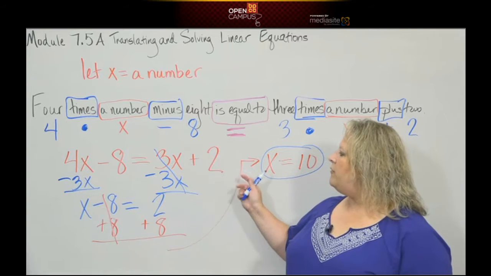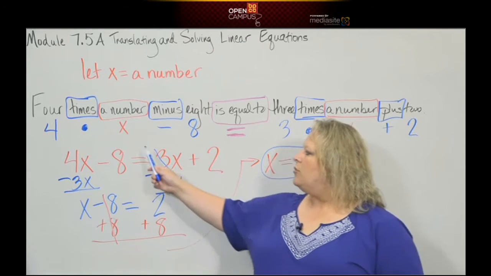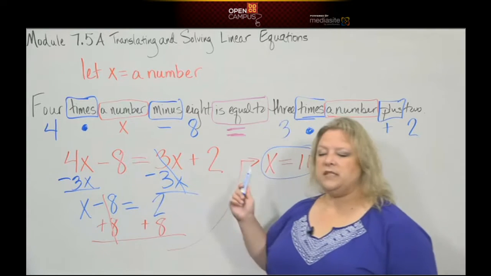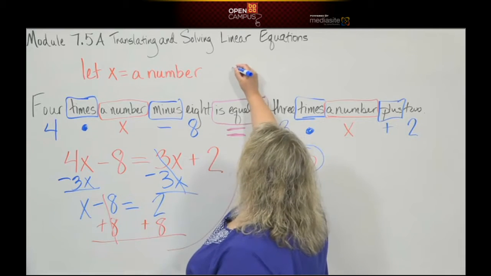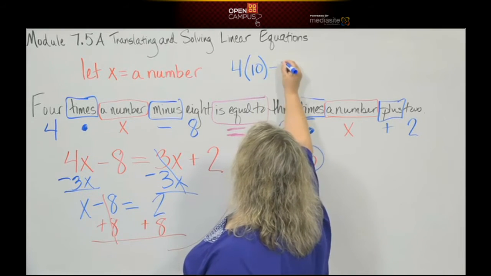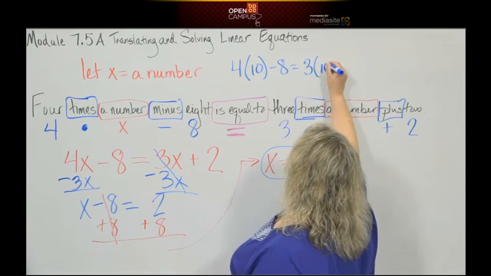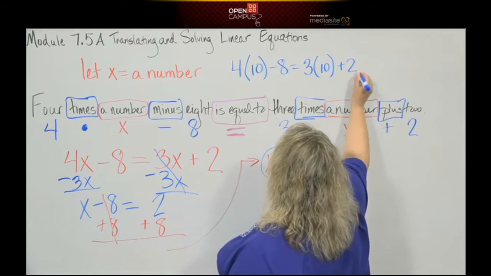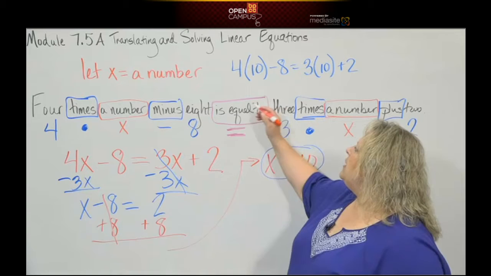To check yourself, all you have to do is take your answer that you got, the 10, and substitute it in place of your 2 variables, and see if it works. So that would be 4 times 10 minus 8 is equal to 3 times 10 plus 2. So let's do that, just to make sure that we did it correctly.